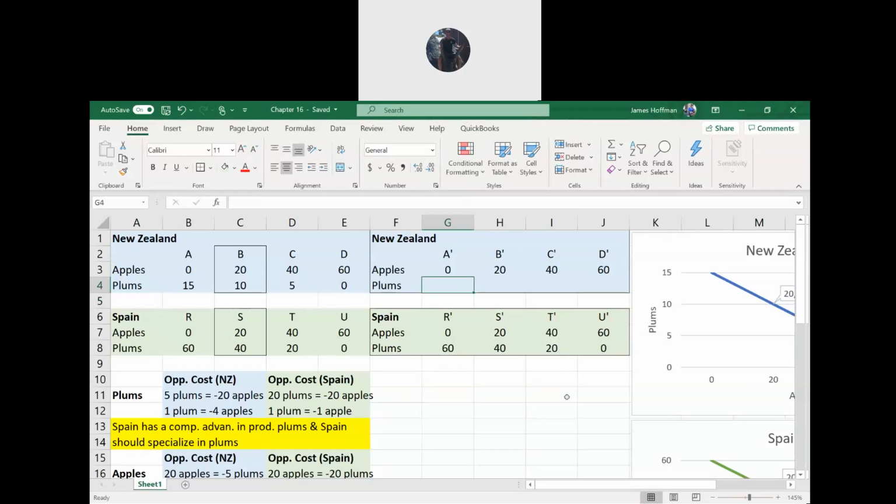I know we can get back 30 plums, because that's the trade where you traded all 60 apples for plums, and because each 2 apples is worth 1 plum, you got back 30.